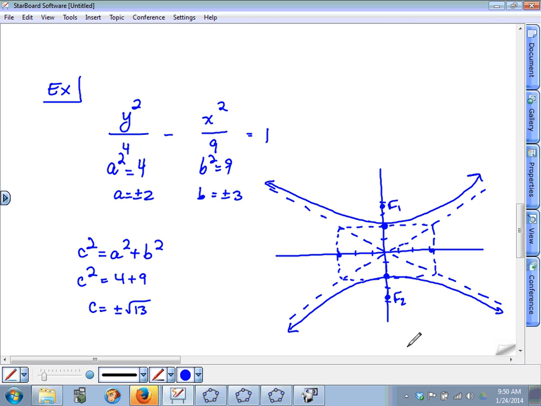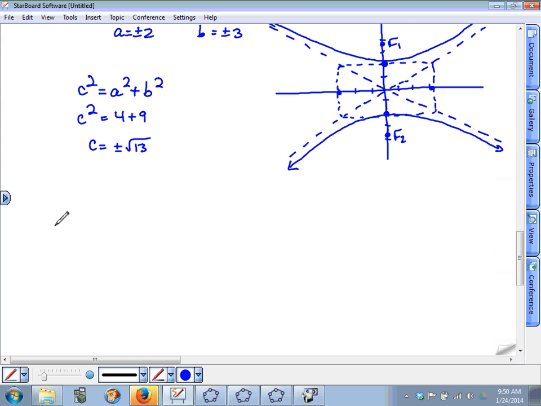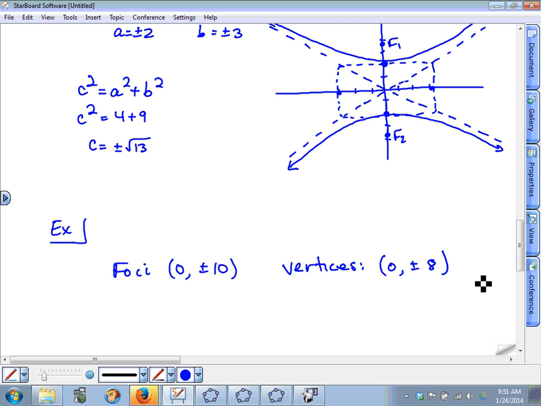Now, there is one more type of problem you have to be prepared for. Well, if the bell rings in the middle of this, so be it, but just kind of watch. Rather than graphing, they're going to give you some information. The foci would be 0 plus or minus 10. Vertices are 0 plus or minus 8.